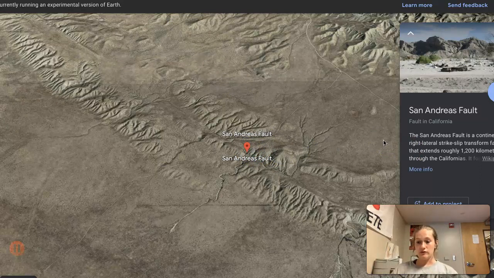And the San Andreas Fault is a continental right lateral strike slip transform fault. And it is roughly 1,200 kilometers, which is about 750 miles long, and it runs through the state of California.